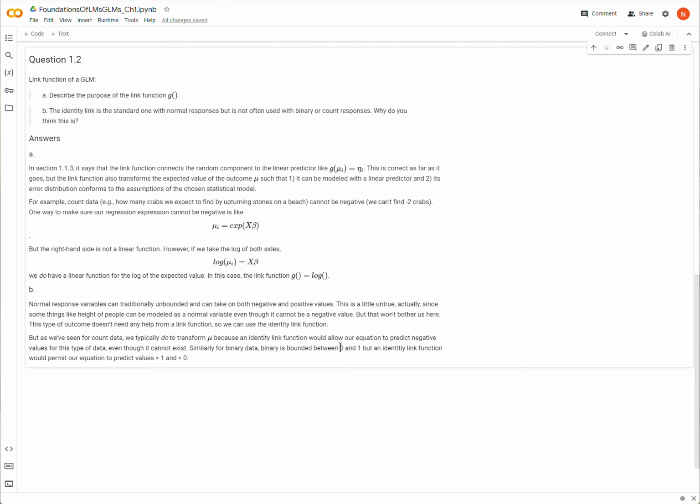We can't have 110 yeses out of 100 responses. That doesn't make sense. So binary data is also bounded. If we use the identity link function, our regression could predict values greater than 1 and less than 0, and that's why it's typically not used for these.